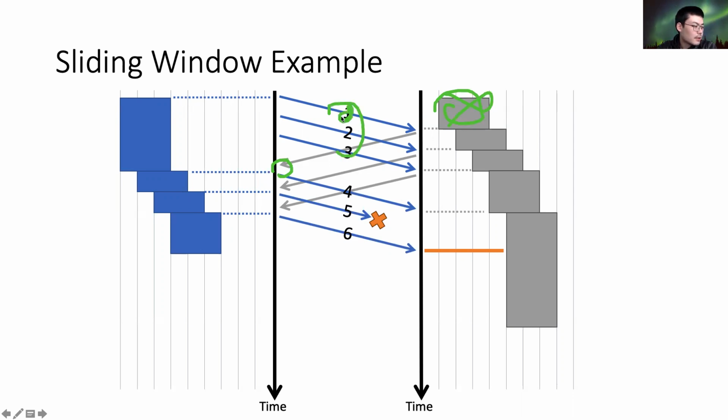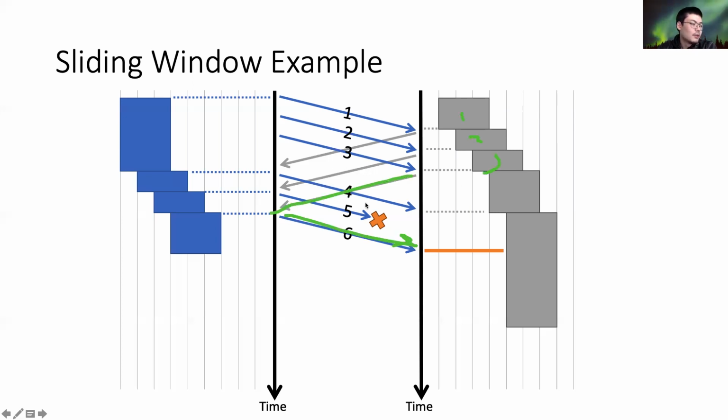Now the first is acknowledged, I can go to 2, 3, 4. And once the second is acknowledged, you can go to 3, 4, 5, so you can send another 5. And similarly, when the third is acknowledged, you can send 6.